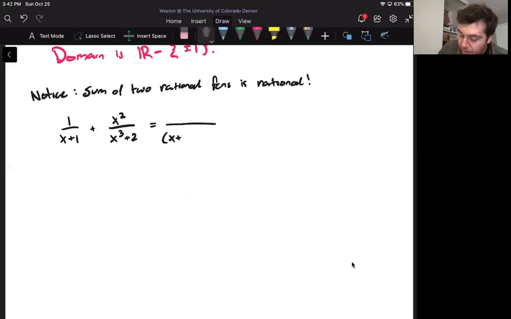We just let it be both of these polynomials. And then we multiply the terms correspondingly, as we would with regular addition of fractions. So we have 1 times x cubed plus 2 plus x squared times x plus 1.